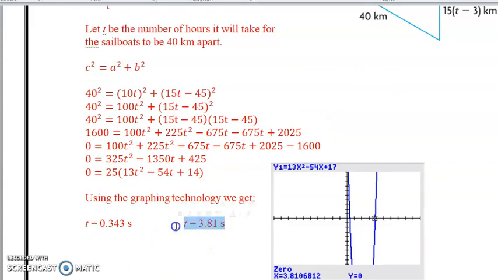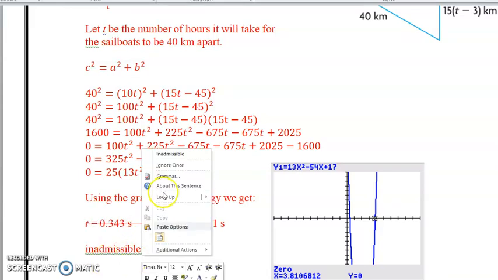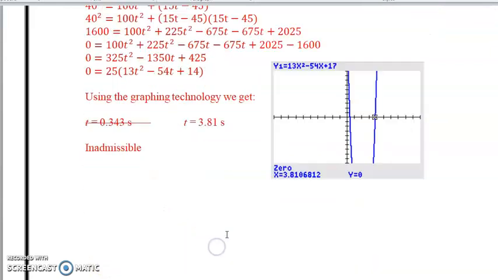So we cross this out and say it's inadmissible. Now remember, inadmissible means it still is a solution, but it's not going to work for our particular question.